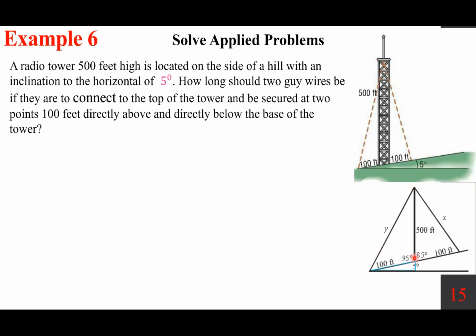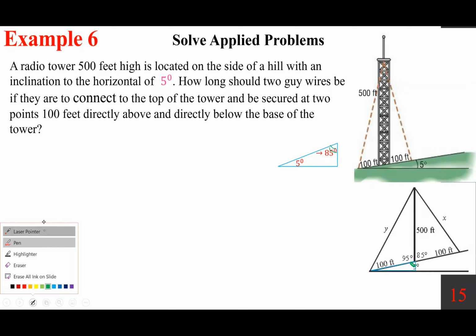This is 5 degrees. The very first thing I want you to notice is this. If you drop a perpendicular and draw this, this is 5 degrees. Class, if this is 5 degrees, then this angle is 90 minus 5, or 85 degrees. Since this is 85 degrees, so is this one.